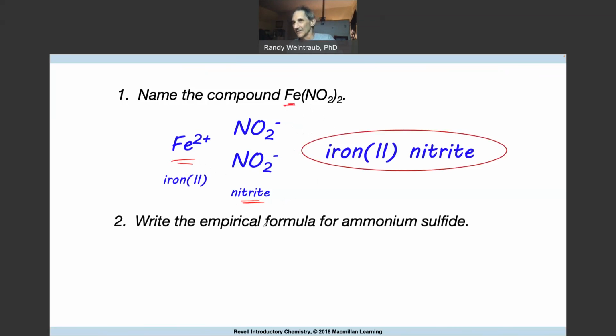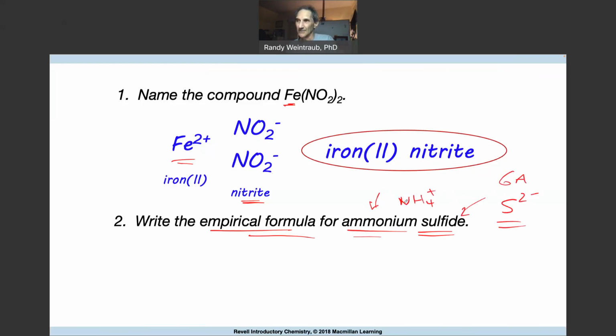Now, what about writing the empirical formula for ammonium sulfide? Ammonium sulfide. So ammonium is a polyatomic. We could see it on the polyatomic list. It is +1. Sulfide, we should be able to figure out, seeing that it's in group 6A, meaning it's going to be that kind of ion. How do we combine these?